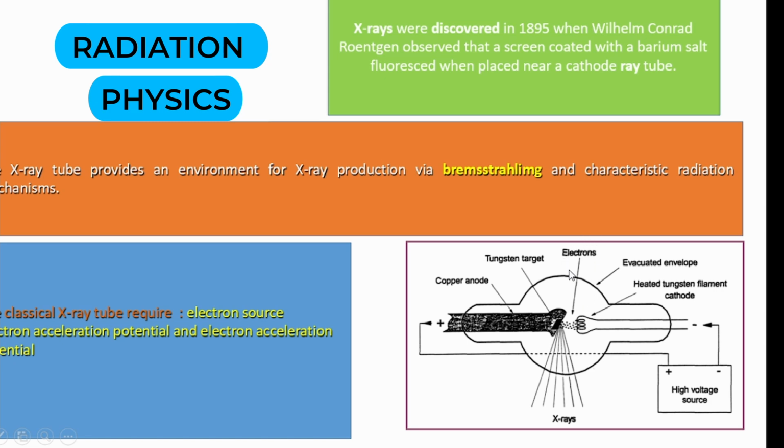Because these electrons are in motion, they have kinetic energy. For them to lose the speed or the energy they have, they have to release part of the energy. When they release the energy, that released energy is what we call our X-rays. So this is exactly how the X-rays are produced.